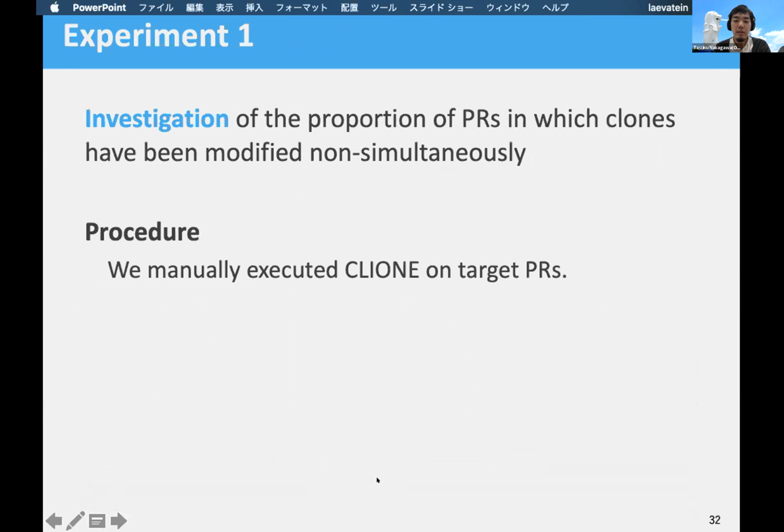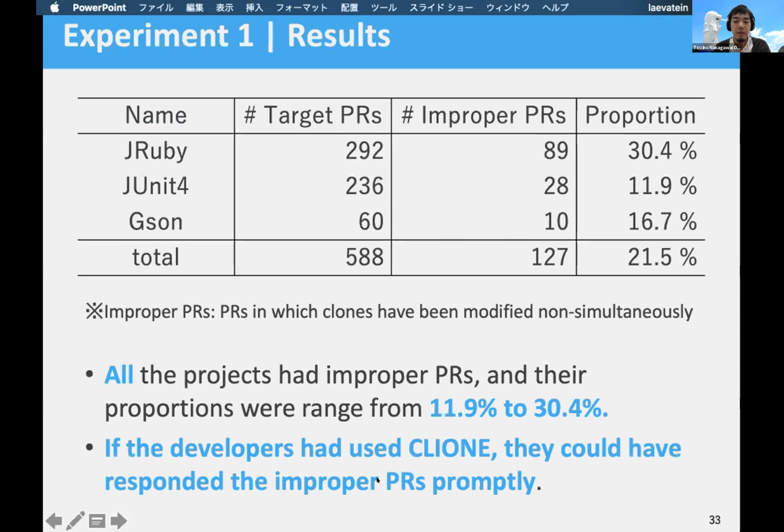First, we explain experiment 1. Experiment 1 is an investigation of the proportion of PRs in which clones have been modified non-simultaneously. In this experiment, we manually executed CLIONE on target PRs and checked the results. This table shows the results of experiment 1.